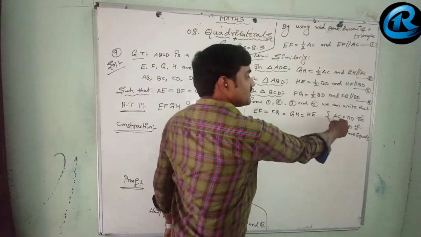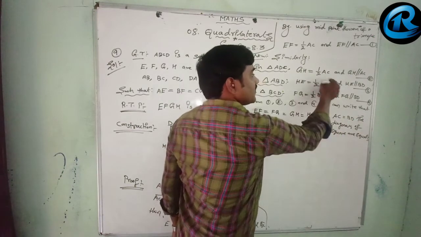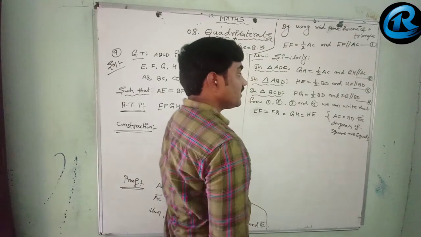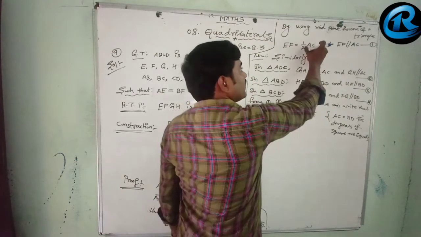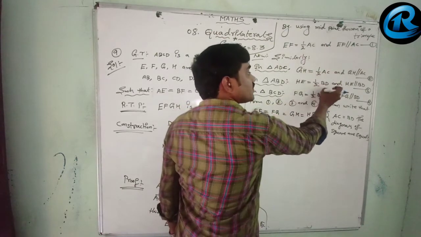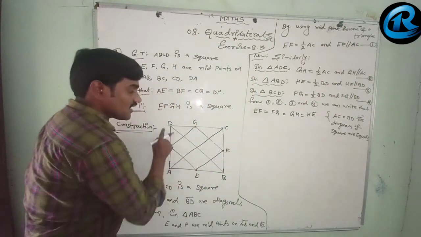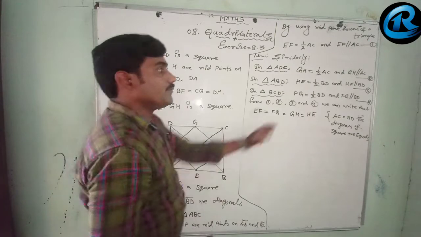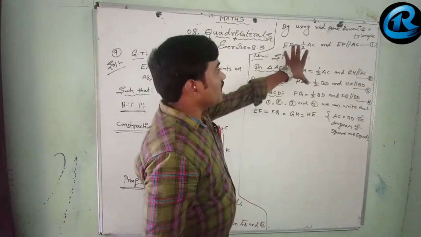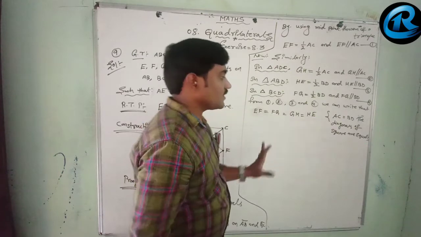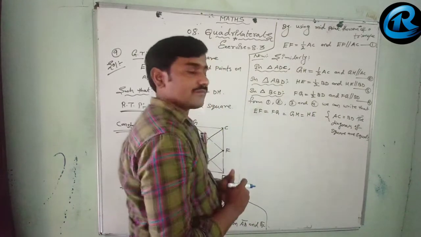BD equal to AC, you can write, because the diagonals are all equal. Write AC in place of BD. These all become 1/2 AC, because the diagonals of the square are equal. BD or AC is the same. So when the RHS are all equal, the LHS are also equal. So all sides are equal now.